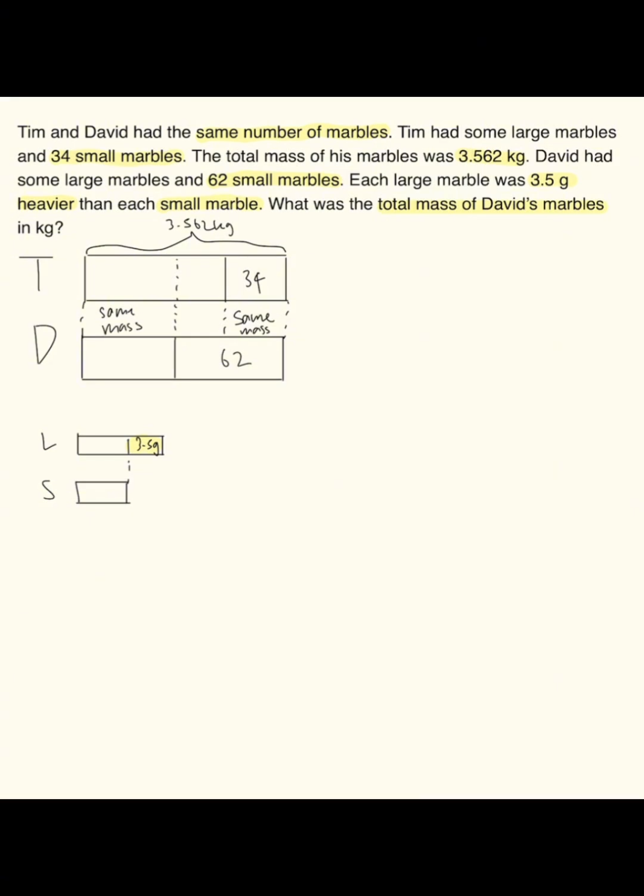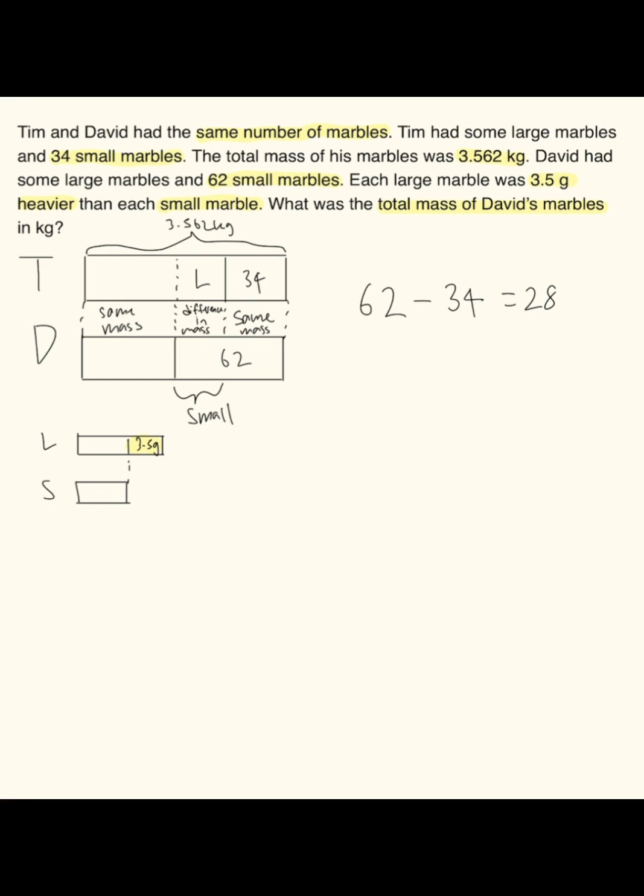Now for the middle, there will be a difference in the mass. Why? Because here is large, here is small. Okay, so how much is the difference? We know that it is 62 minus 34, which is 28.